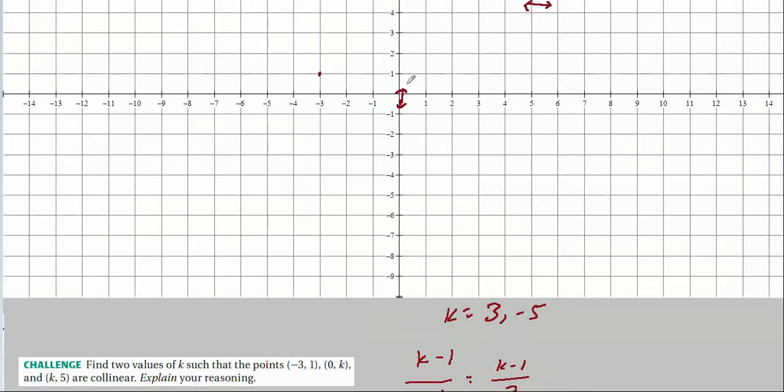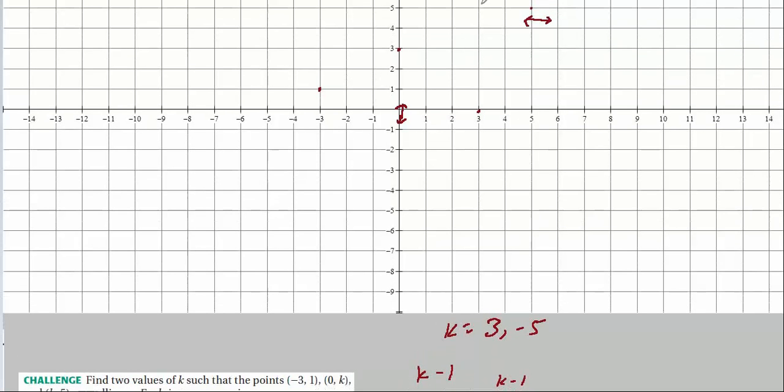Oh, there's a 3. And 3, 5. So we move over here and then up to 5. Hey, well, that looks like it fits, especially if I could draw a straight line. That would work real well.